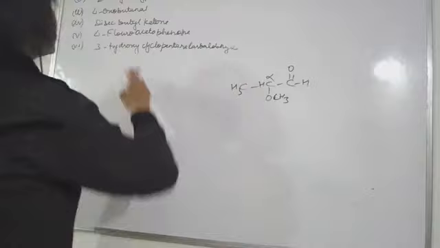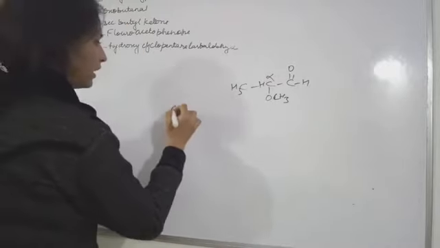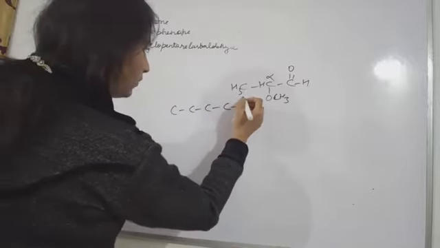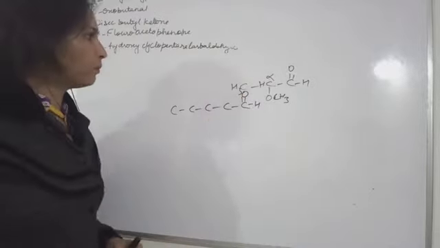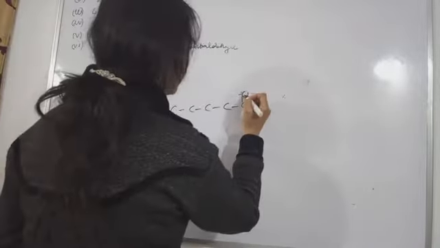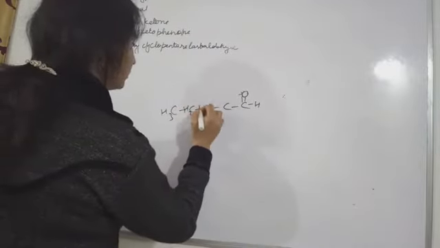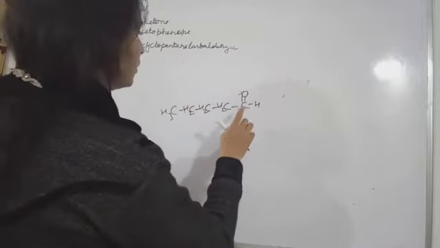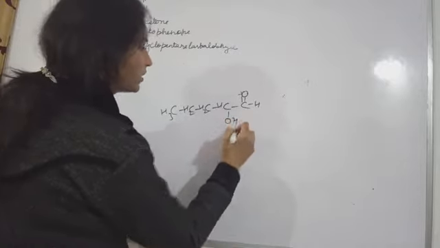Now next is 2-hydroxy pentenal. Pent means 5 carbons, and the suffix al is given to the aldehydic group. You can write the missing H2 everywhere. So this is 2-hydroxy; hydroxy is OH.